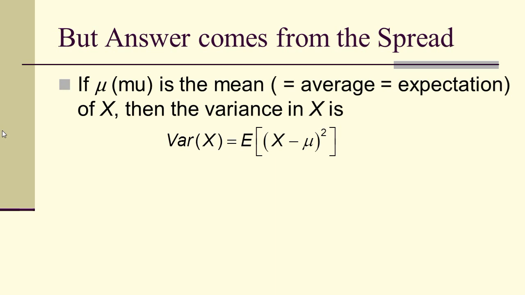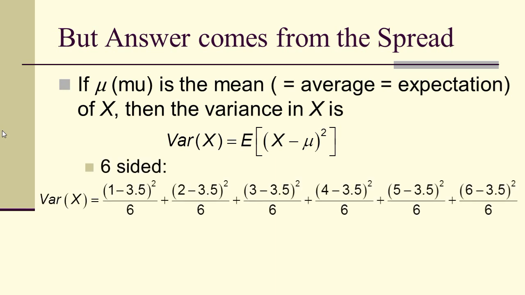If mu is the mean, or the average or the expectation, then the variance is the expectation of the quantity x minus mu squared for the variable x. Now, what this means is that the mean is the same for both X and Y. What's going to be different is the spread.